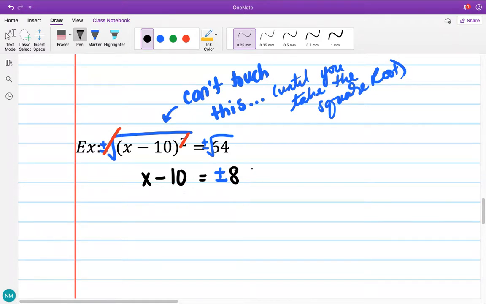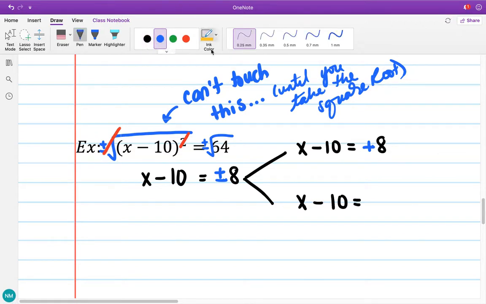You can go about it where you split it up, just like the quadratic formula, where now I have, you see this plus or minus? I have x minus 10 equals positive 8, and then I have x minus 10 equals negative 8. So that plus or minus splits up right here.